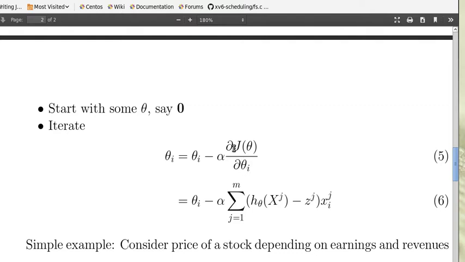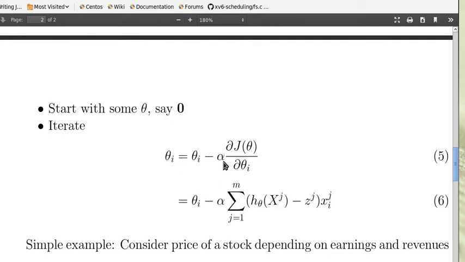That means we differentiate J, the error, with respect to a certain theta i. Then we multiply this by alpha, the learning rate, and this differentiation is the gradient of J along theta i. So by iterating along this direction, eventually we'll obtain the optimal theta i.